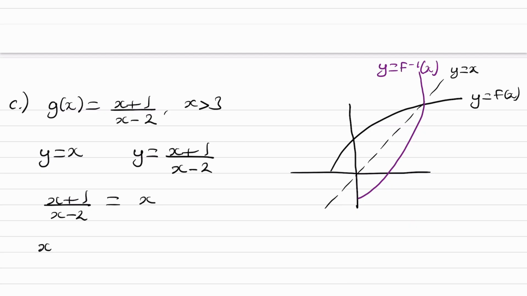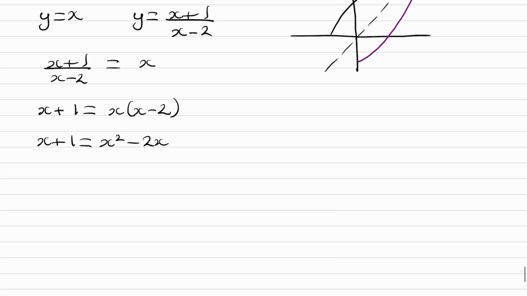So bring the x minus 2 to the right, times it. Let's multiply that out, so we get x squared minus 2x. Bring everything to the right, we get x squared minus 3x minus 1. And if we type this into the calculator, we get 3 plus or minus root 13 all over 2.